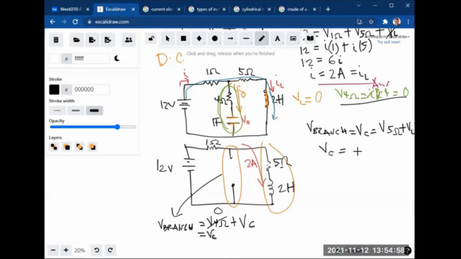VC now: the voltage across the 5 ohm resistor will be equal to IR, of course, and the voltage across the inductor is L di/dt, right? But since this is DC, we know that this is equal to 0. So we will be left with this one: 2 amperes times 5 ohms. Okay, so VC now will be equal to 10 volts. So this is equal to the voltage across the capacitor.